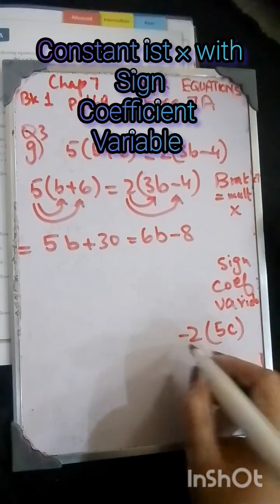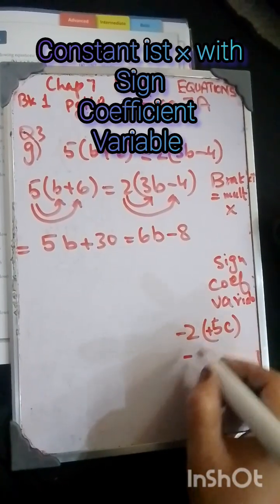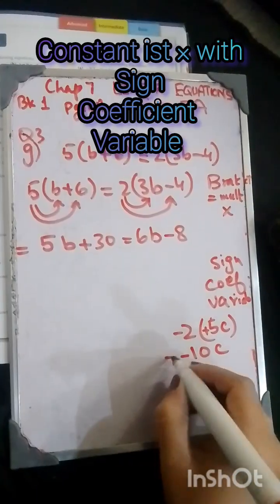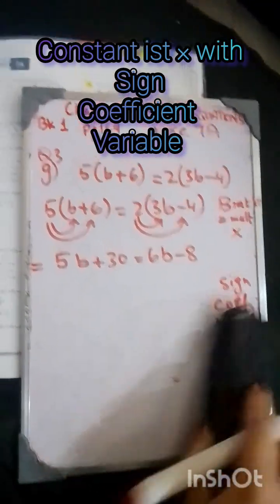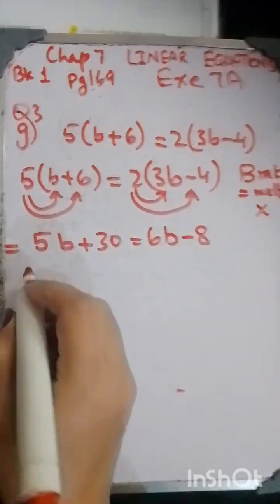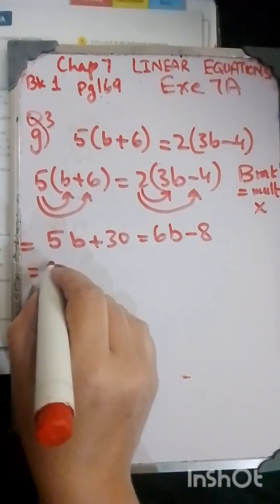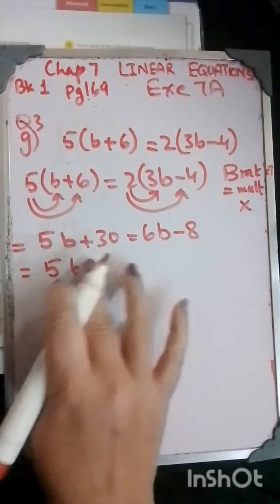So here in this equation we have negative times positive. We will write negative. 2 5 times is 10 and c remains the same, right? So this is the order, this is the sequence, and I was telling you just a general example. Now 5b, you know that is an unknown one, 6b another unknown.